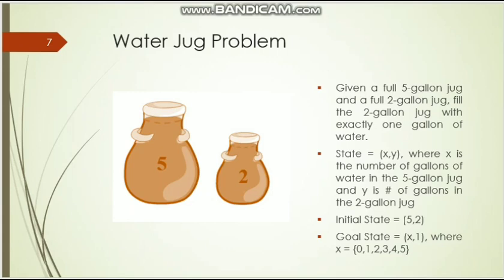I mean 1 liter, 2 liter, 3 liter, 4 liter, 5 liter, gallon, no marks are given. The goal state is we have to have exactly 1 gallon of water in the 2-gallon jar.